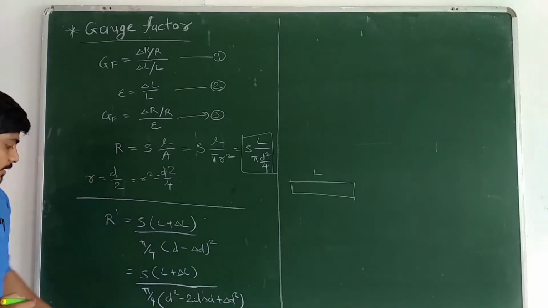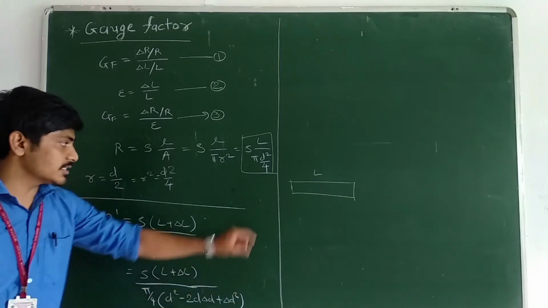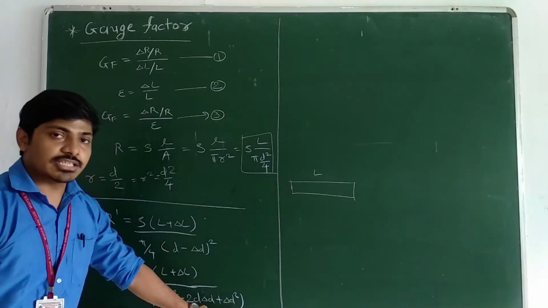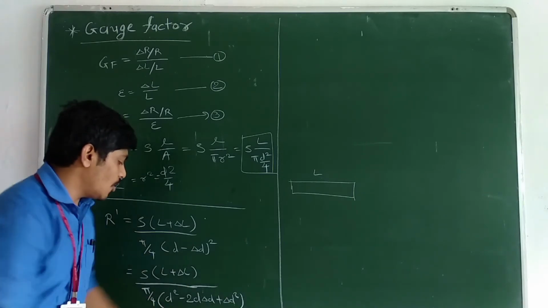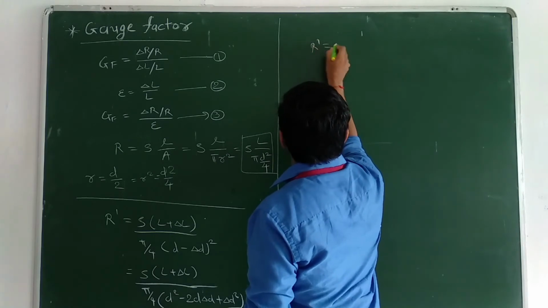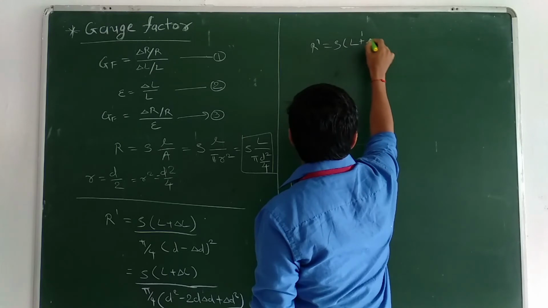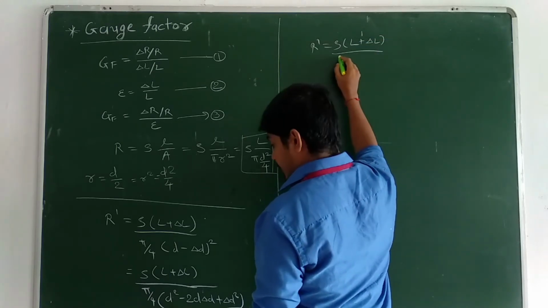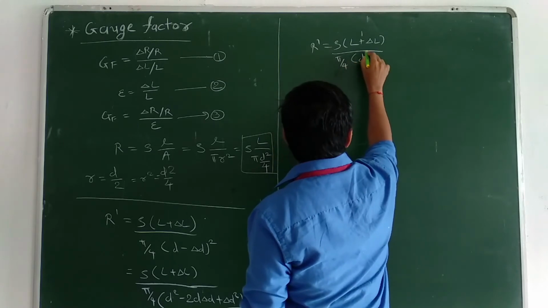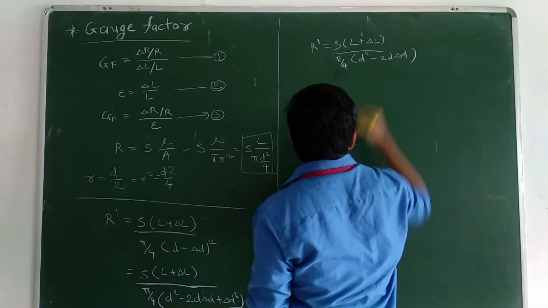Okay. In this equation we have delta d. The value of delta d, that is the change in diameter, is very small, so we can neglect this term because it is very small. So again we can write R dash is equal to rho L plus delta L divided by pi by 4 d square minus twice d delta d.